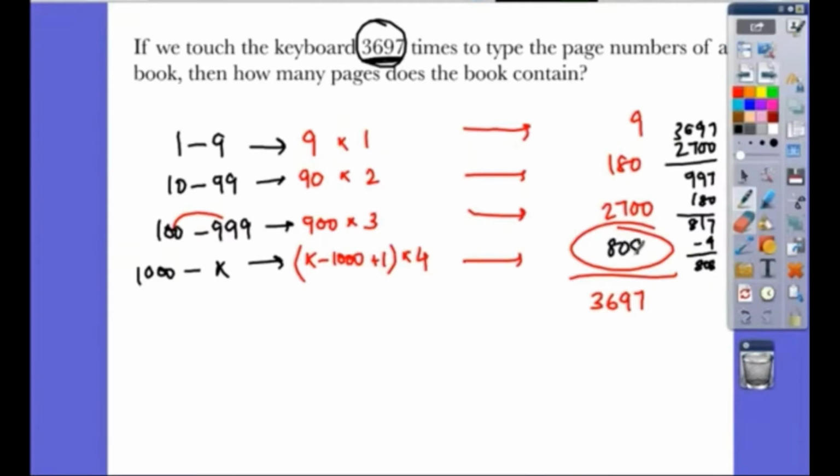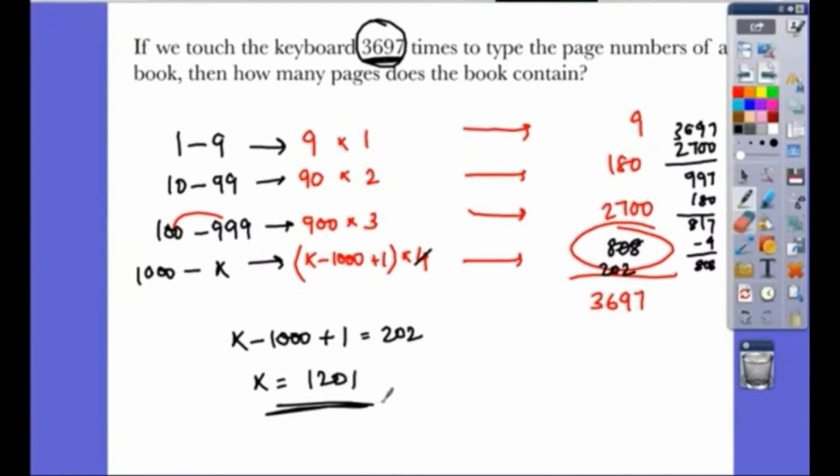So this is 808. Cancel with 4. You get 202. So X minus 1000 plus 1 is equal to 202. So X is equal to, 1000 goes to the other side, that becomes 1202. Plus 1 goes to the other side, becomes minus 1. So 1201 is the answer.